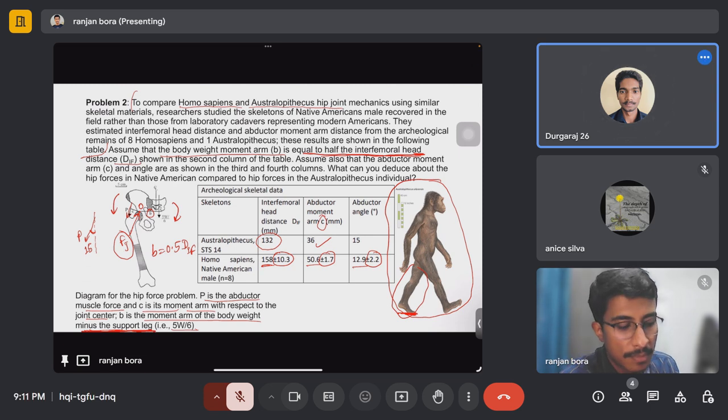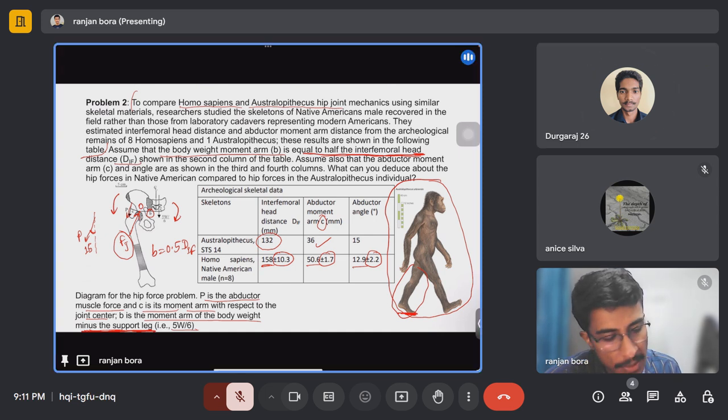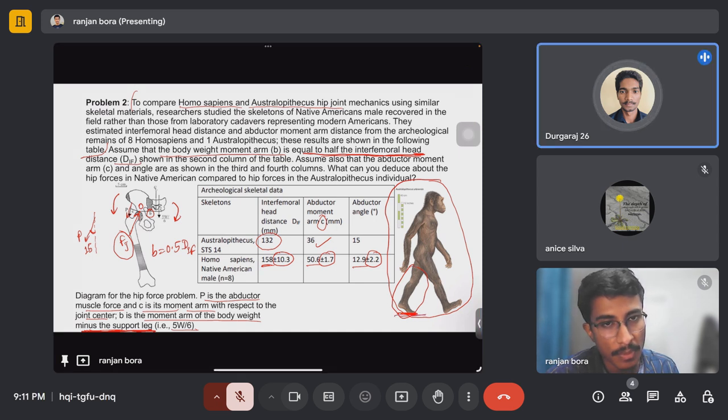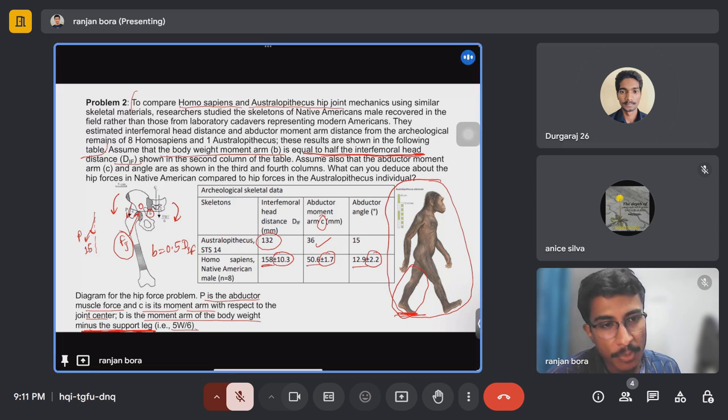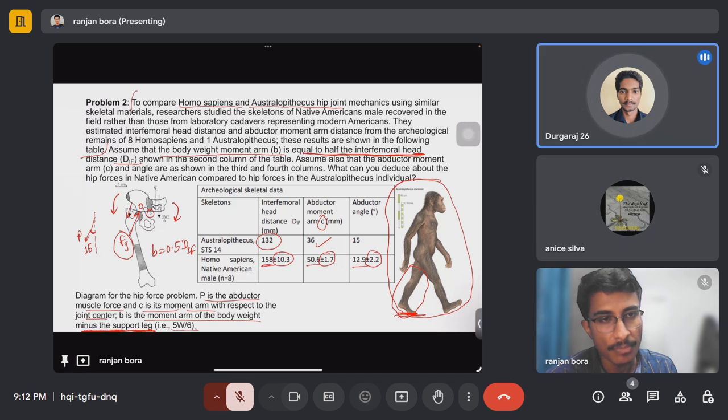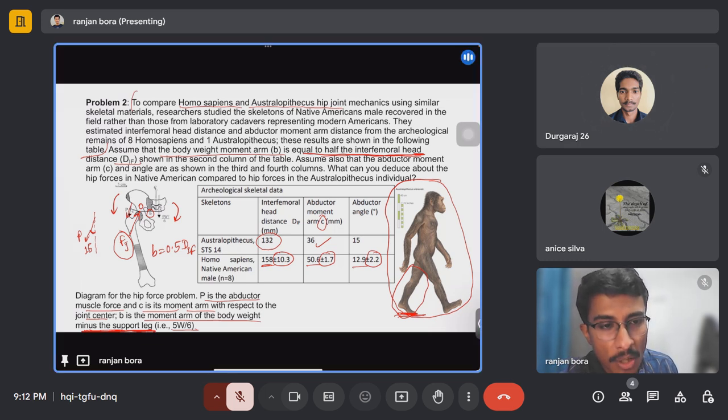Is it clear? No, sir. See, while you are walking, when one leg comes in contact with the ground, that position they are considering. At that position, what is the hip joint reaction force? When one leg is in contact with the ground, if your total body weight is W, the whole body weight will not act.